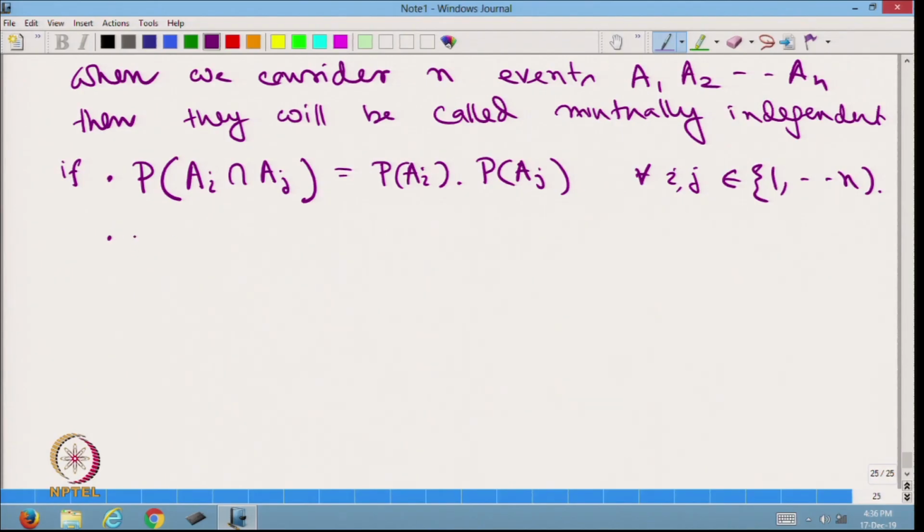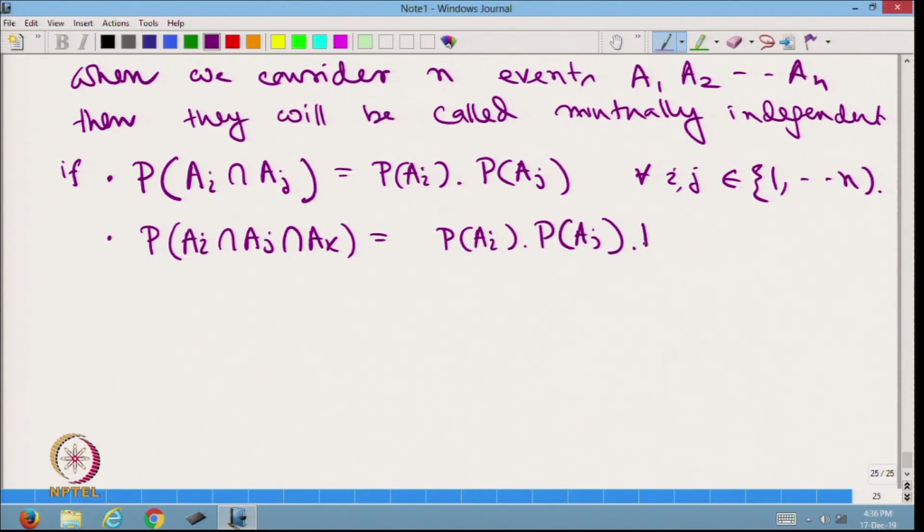Secondly, for all triplets, probability of Ai intersection Aj intersection Ak is going to be probability of Ai into probability of Aj into probability of Ak for all i, j, k belonging to 1 to n, or in fact for any k of the events that should happen.